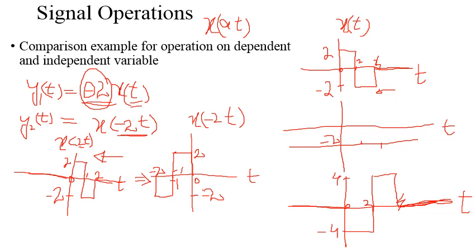So I hope this gives you the idea of how it's happening, right? I think that's all for the operations on the signals, that include both the operation on the independent variable and the operation on the dependent variable.